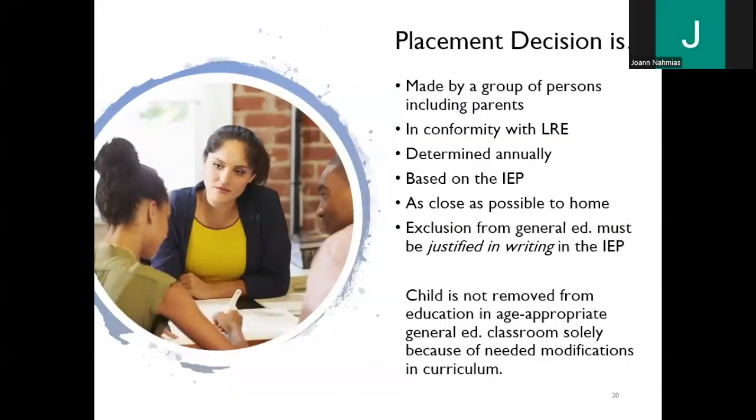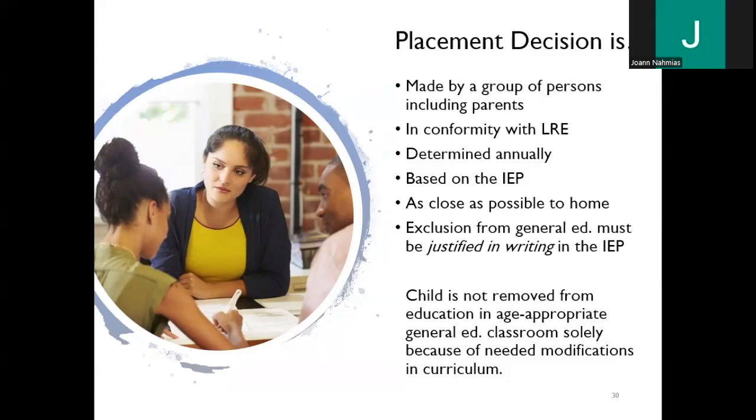The placement decision is a team decision. It is decided by the team, including the parents. It is based on the IEP. Decisions are guided by the student's individualized education program. Placements must follow the least restrictive environment principle.